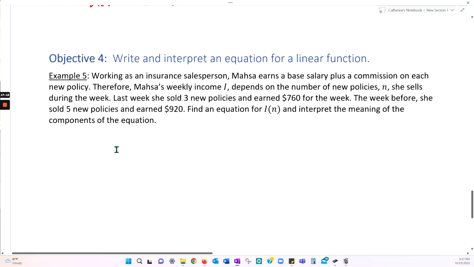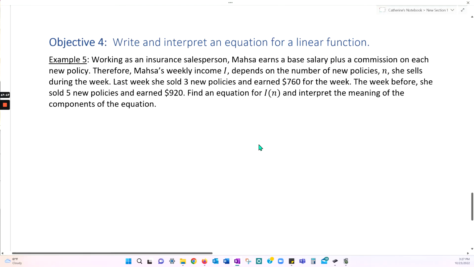All right, so let's look at this last one. Write and interpret an equation for a linear function. Working as an insurance salesperson, Masa earns a base salary plus a commission on each new policy. Therefore, Masa's weekly income, I, depends on the number of new policies, N, she sells during the week.